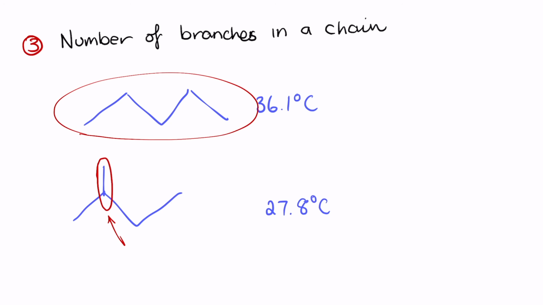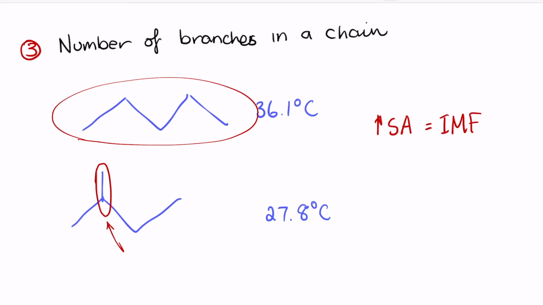So as we increase the surface area, we increase the intermolecular forces. And as we increase the intermolecular forces, we increase the vapor pressure and thereby increase the boiling point of that particular solution. So that's everything for this video.